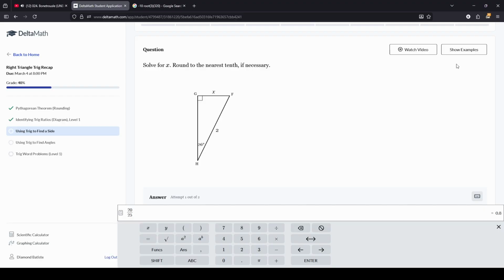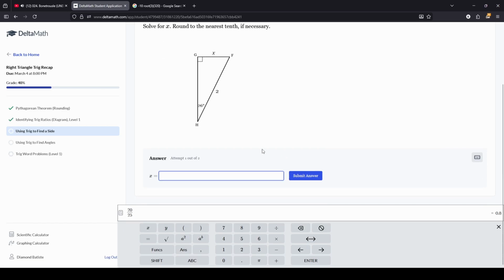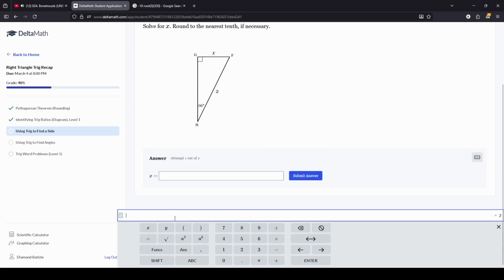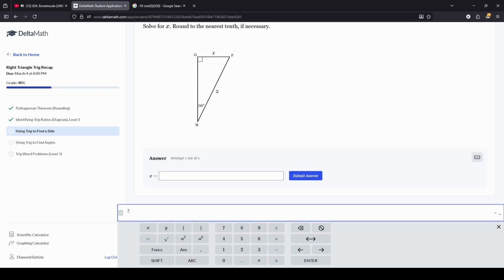Wait, which one is this? It's bottom and right. Bottom right, which is sin. So yeah, x should be at the top. And then we do over 2. Okay, so let's right now just put x over 2. Okay, cool.